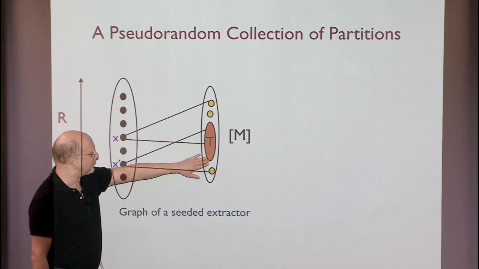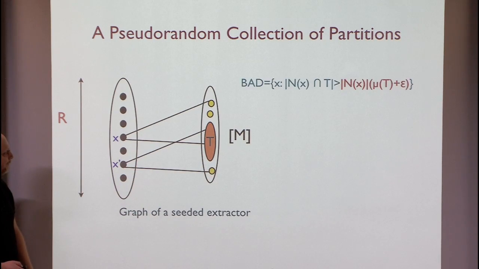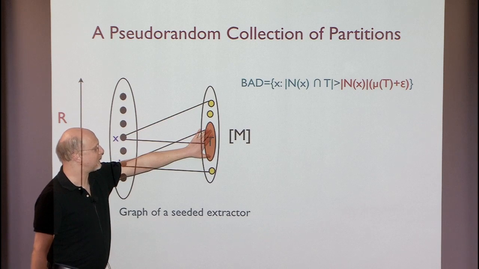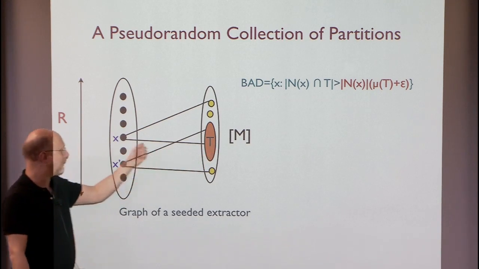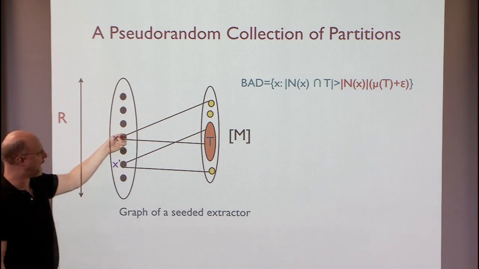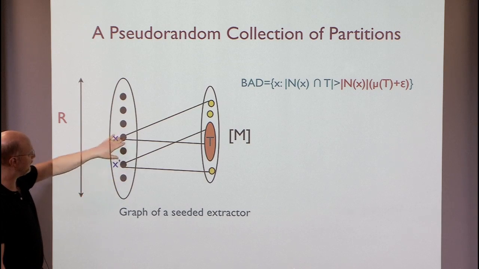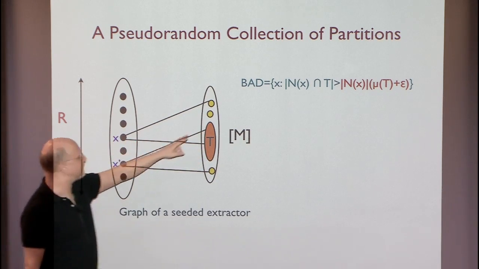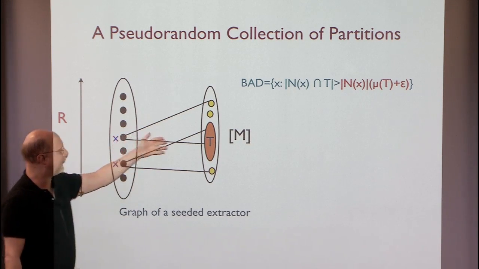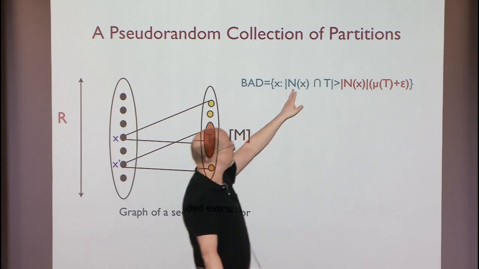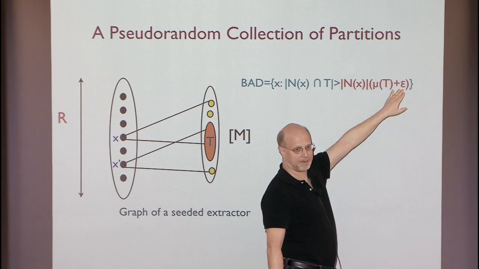If we pick any sort of test set on the right-hand side, well, if we have a fixed test set here, each string here gives us an estimate of the size of T. The estimate corresponding to this will be the fraction of strings that land in T. Okay, so we have a bunch of estimates for the fractional size of T. The set of bad strings will be those strings on the left which give too high an estimate for T. So the fraction of neighbors that intersects T is significantly more than it should, by more than epsilon.